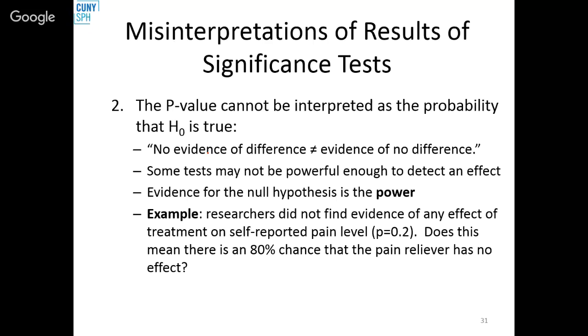So key things, the p-value is the probability of observing what we observed or something more extreme if the null hypothesis is true. So remember, it's under the assumption that the null hypothesis is true. So how could it be the probability of H0 being true if we've just assumed that H0 is true?